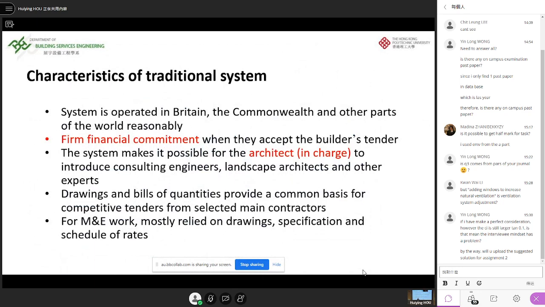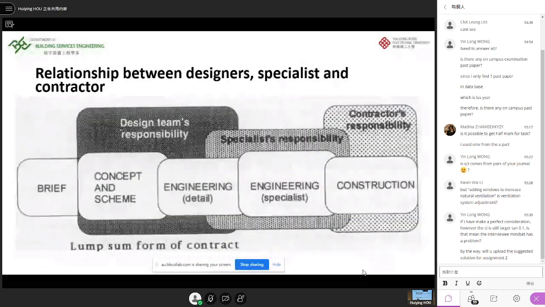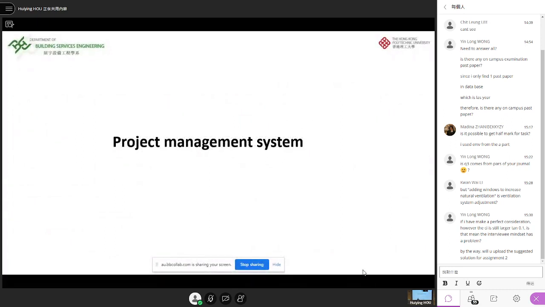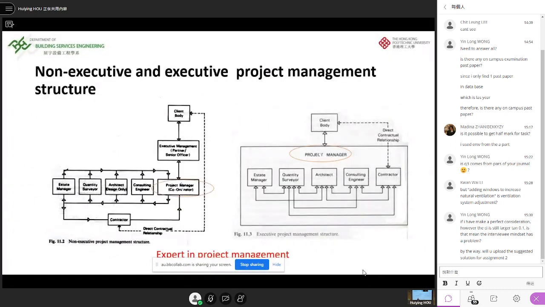So these characteristics of the traditional system will help you to understand what the traditional system is, and also how this system is different from other systems. Another one is the project management system. For the project management system, we emphasize a professional called the project manager. This project manager can be internal or external.